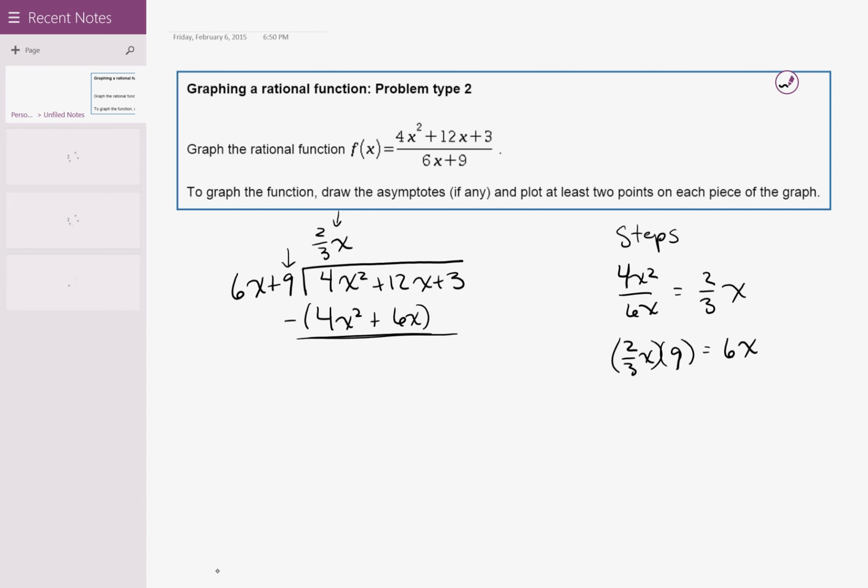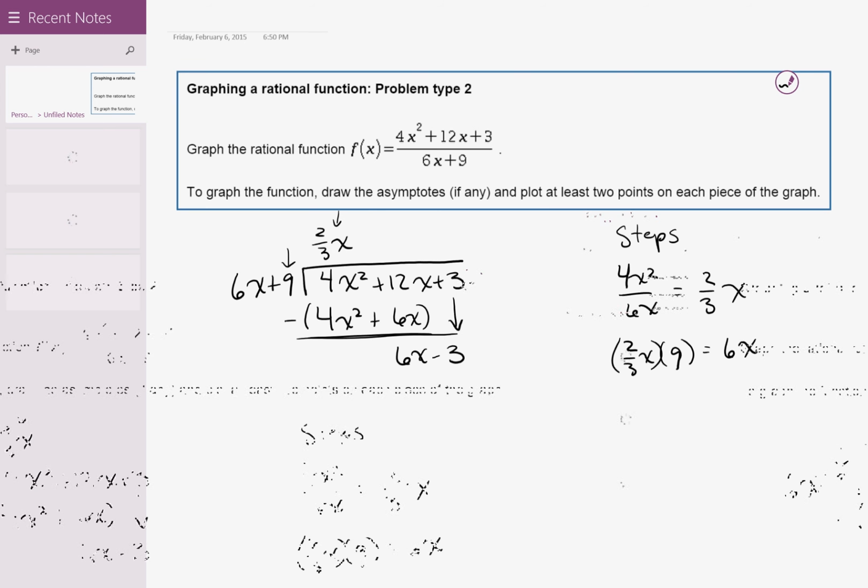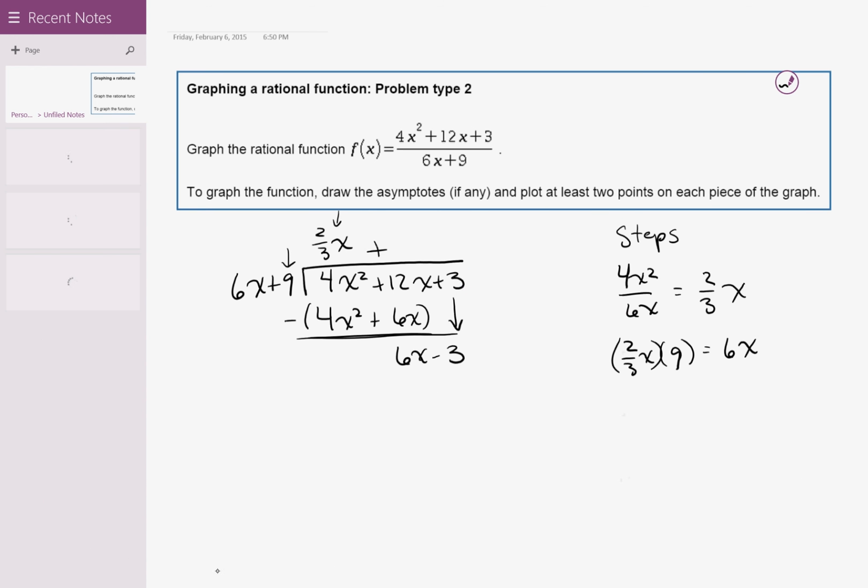And I'm going to subtract all of that, 6x, and bring down the next term. 6x divided by 6x is 1. That's a blessing of sorts. Oops, do that correctly. Okay, and then I subtract all of that and I get negative 6.